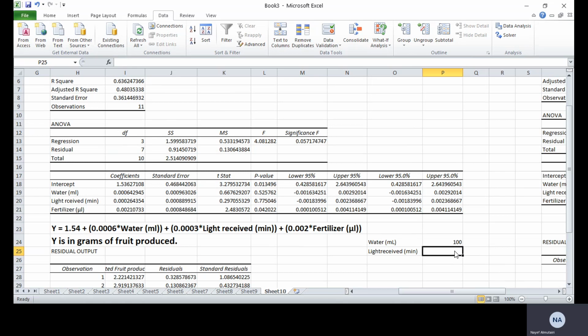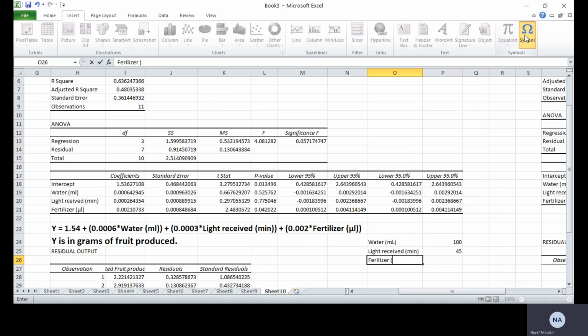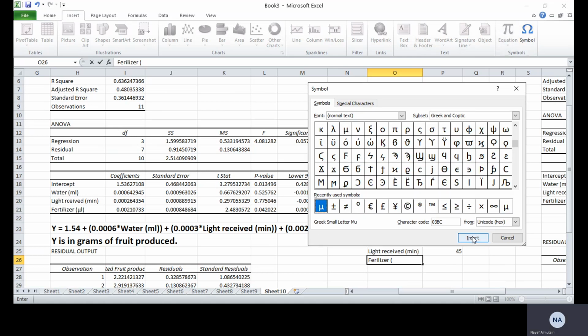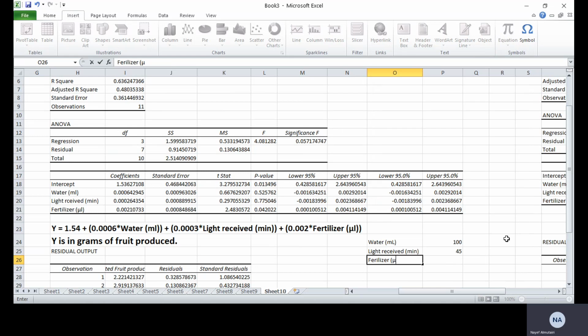Let's say 45 minutes. Then the last one, fertilizer, in microliters, let's say 12 microliters.